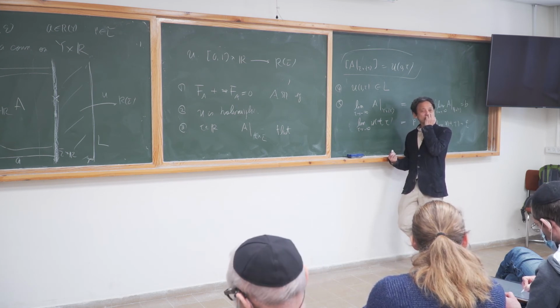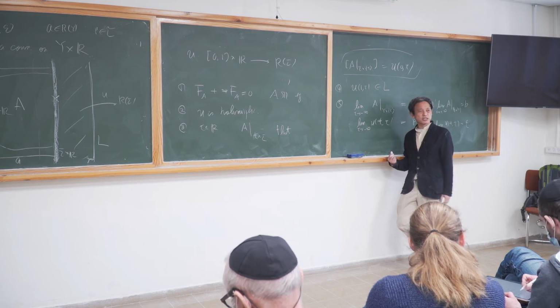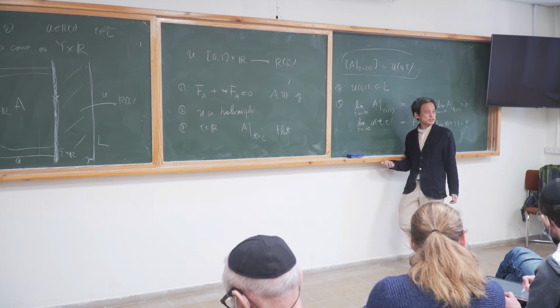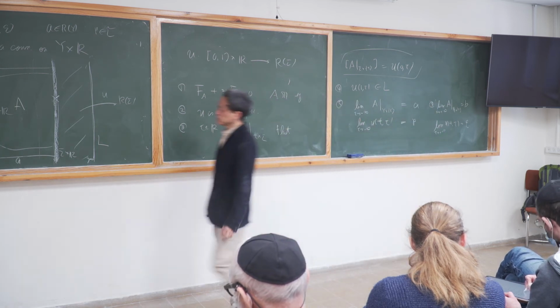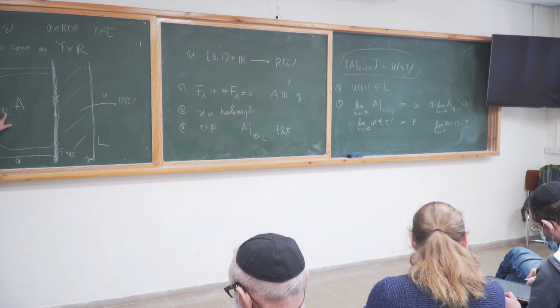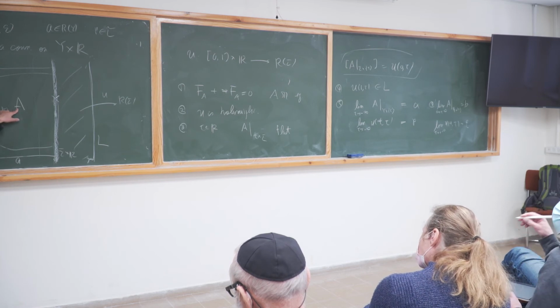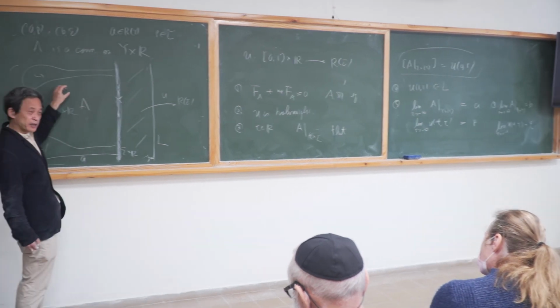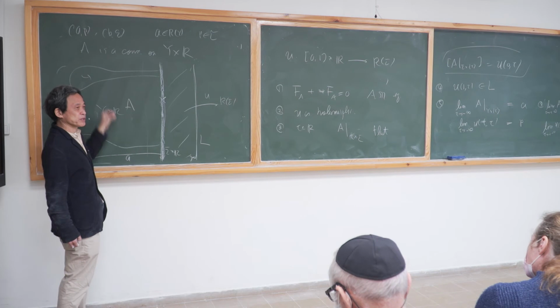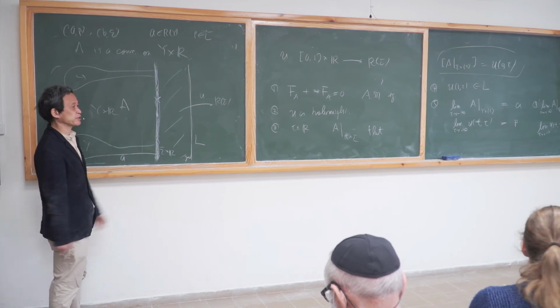If you know something about the removable singularity theorem in gauge theory or pseudo-holomorphic curve business, then you know what the removable singularity is. If you consider any point on y cross R, and assume that A is defined outside of that point and the energy of A is finite, then A extends to that point. That's Uhlenbeck's removable singularity theorem.